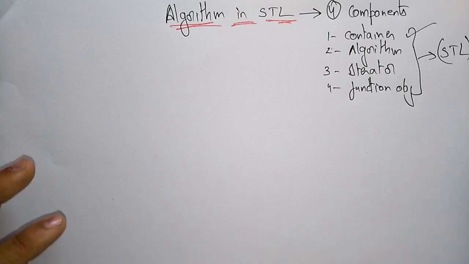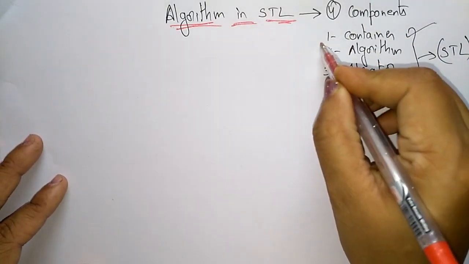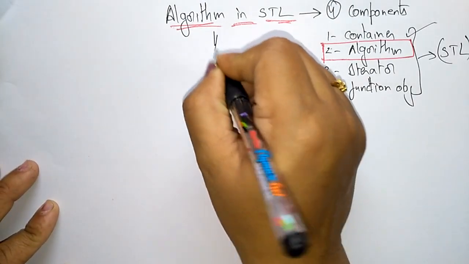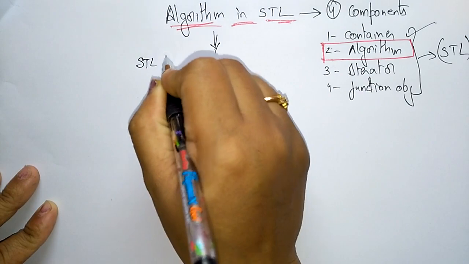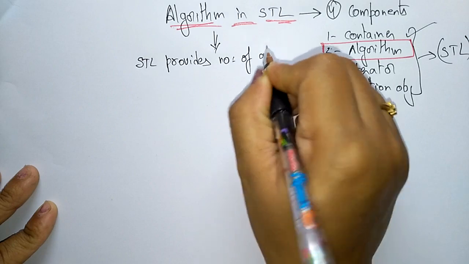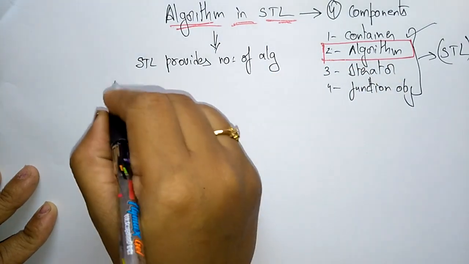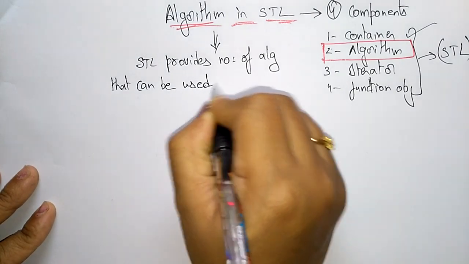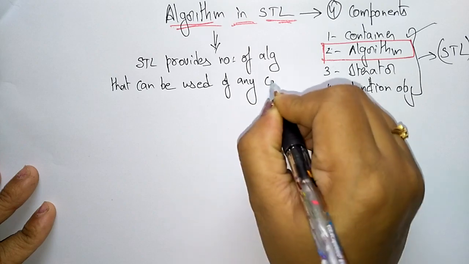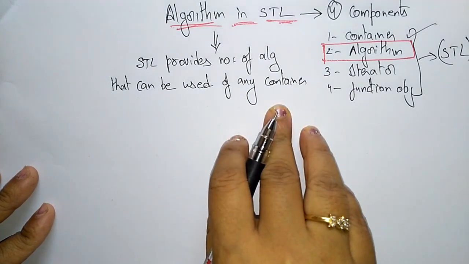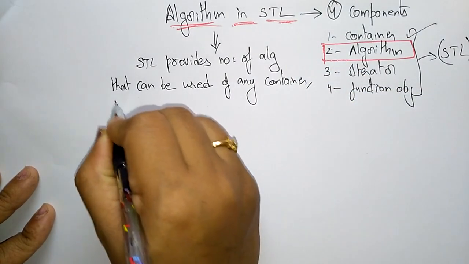In this video we will discuss the algorithm component that is present in the standard template library. The STL provides a number of algorithms that can be used on any container irrespective of their type.